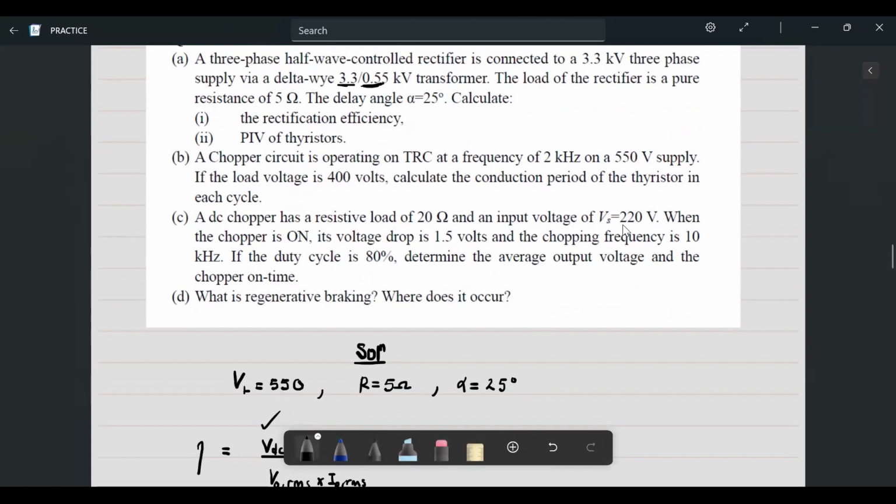Let's find out. So a DC chopper has a resistive load and an input voltage, right? When the chopper is on, its drop is 1.5 volts and the chopping frequency is 10 kilohertz. We're told the duty cycle is 80%. We need the average output voltage and the chopper on time. We are given the duty cycle already, which is good, so we don't need to stress, right?